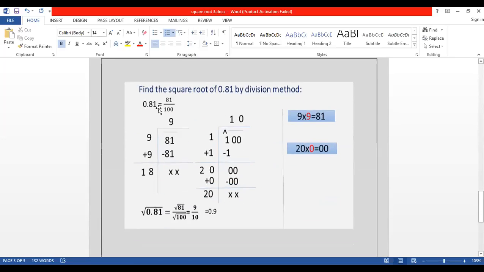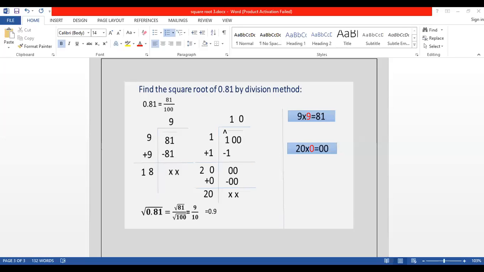In this way, first you have to convert the decimal into a common fraction, then solve the numerator and the denominator, and then show the answer in decimal fraction properly. Clear, everybody?